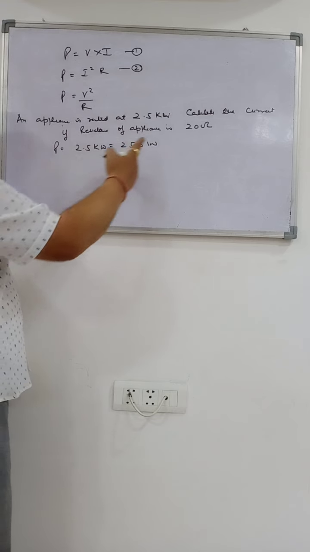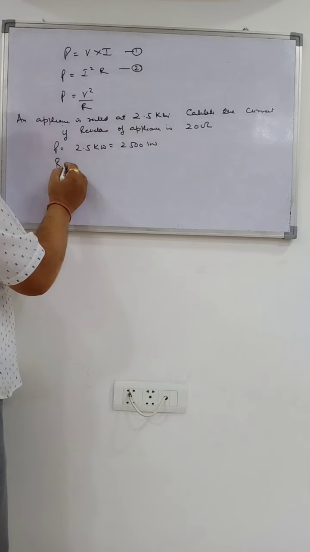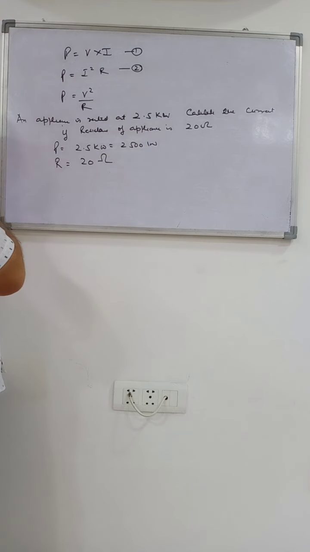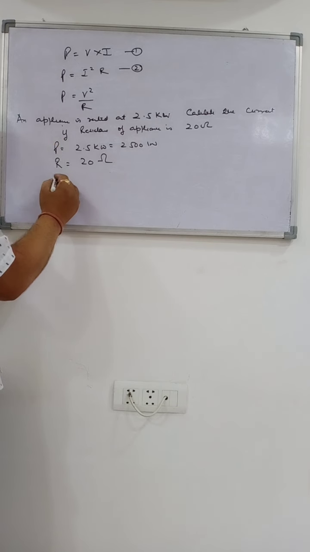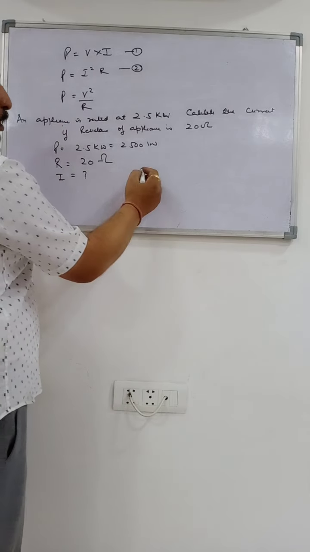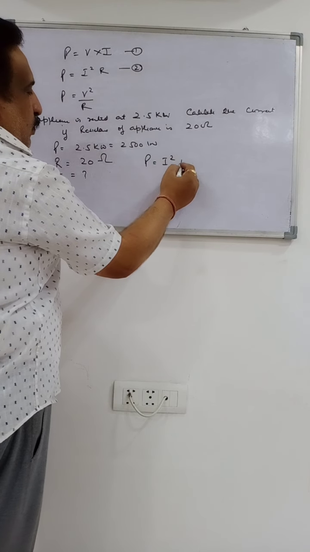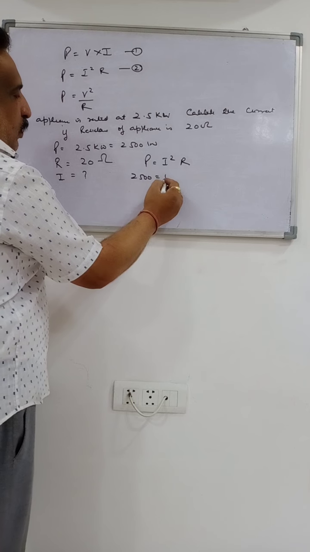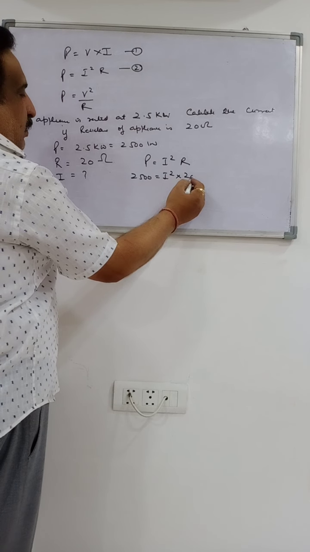Okay? Next, resistance is given to you. Resistance is equal to 20 ohms. You have to calculate what? Current, I. So what will be the formula used? You have I, R and P. You will use the second formula, P is equal to I square R. P is 2500 is equal to I square into R, 20.